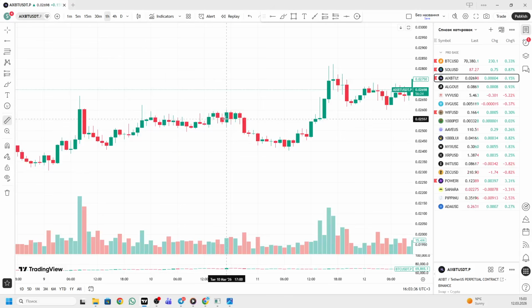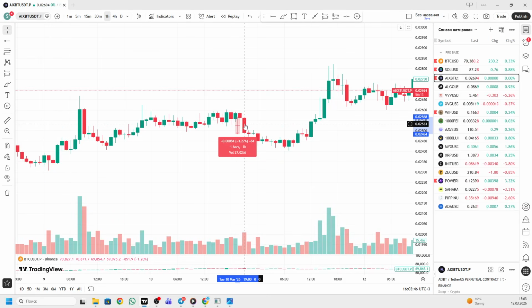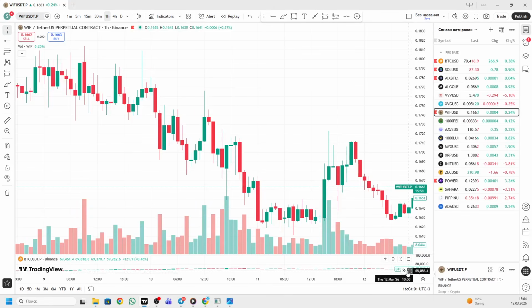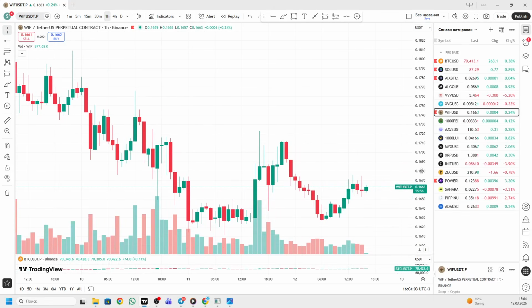Let's say here, this candle, this red candle, shows us 3.27%. And this is on 10th of March at 9 p.m. Okay, let's go back here and see what we have here at the same time.